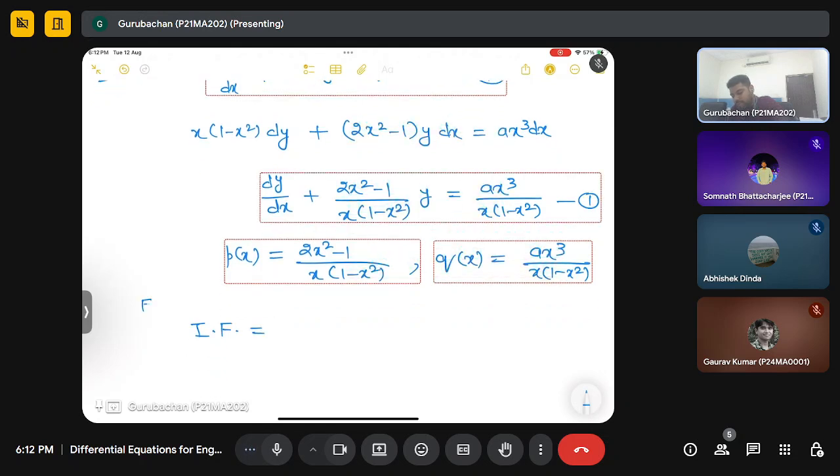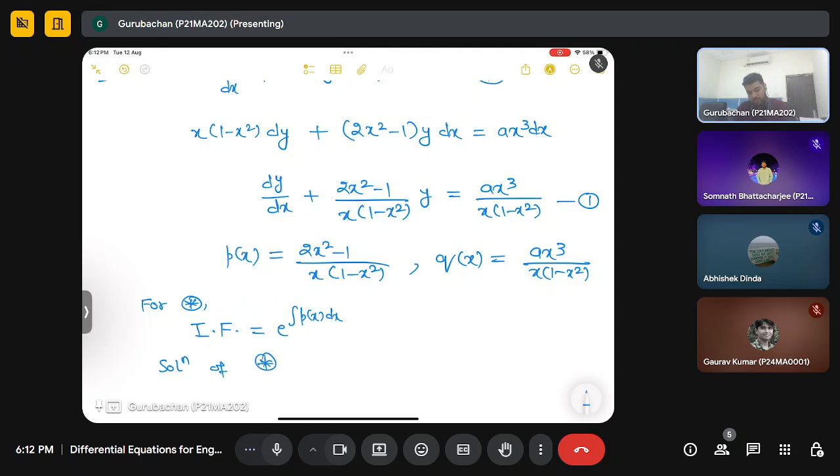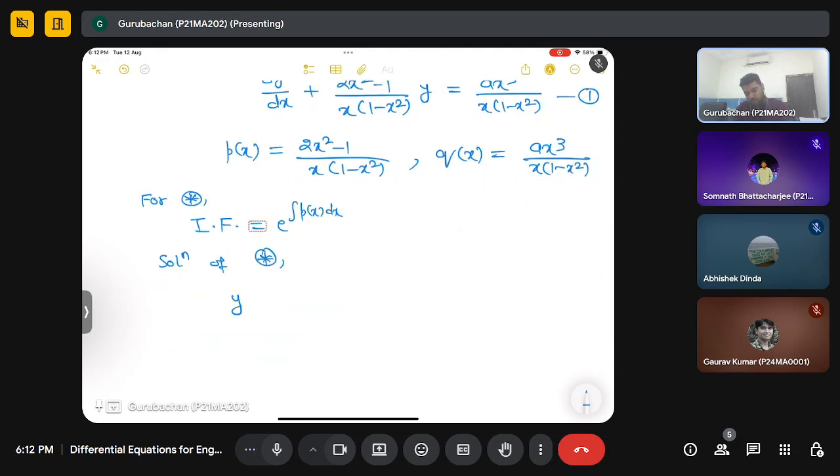For star, you know that the integrating factor is nothing but e to the power integral of p(x) dx, while the solution of star will be y times the integrating factor equals integral of q(x) times the integrating factor dx plus some constant.